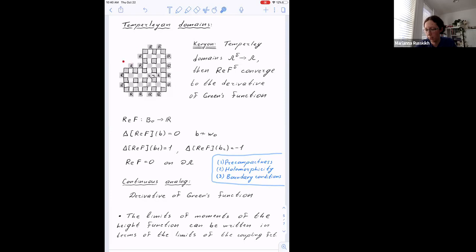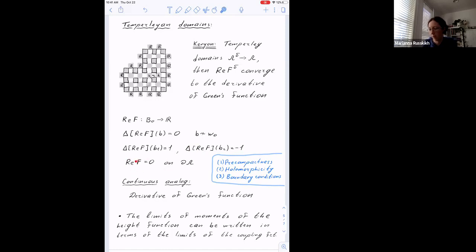So then this type of approximation gives us discrete holomorphic functions where the real part on the boundary is 0. So what we know about the real part of this discrete holomorphic function: first of all, on type B0, those are real functions. It is discrete harmonic everywhere except the neighbors of our fixed white square, where at one of them the Laplacian is 1, and at another one the Laplacian is -1.